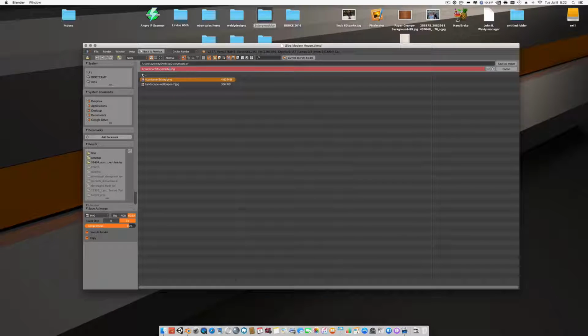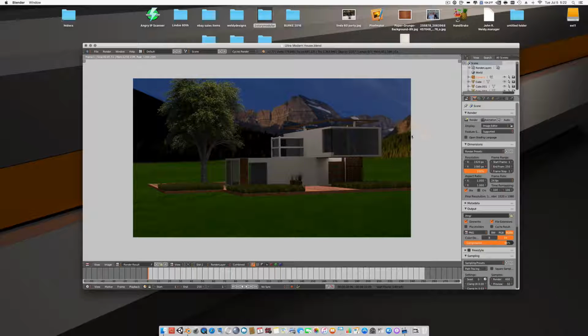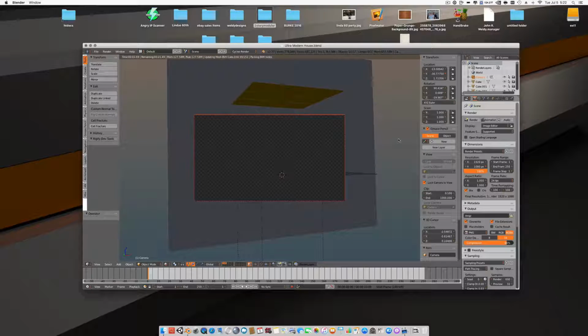And this is finished as far as I am concerned, since it's just a design render for me. Okay, so there it is finished. We'll escape out of that.